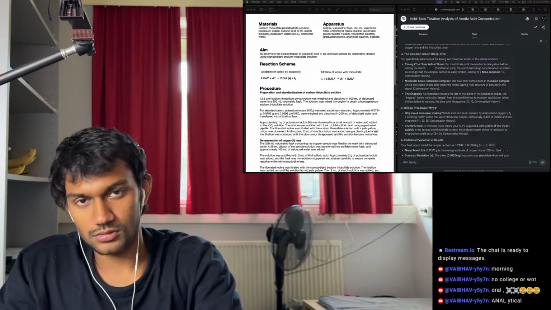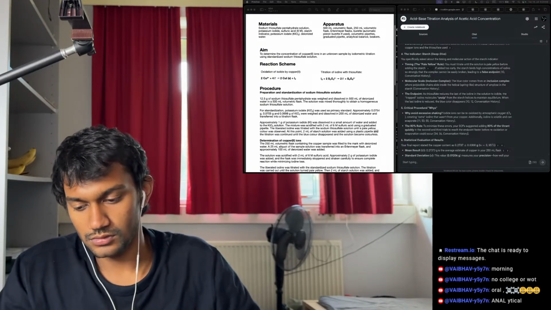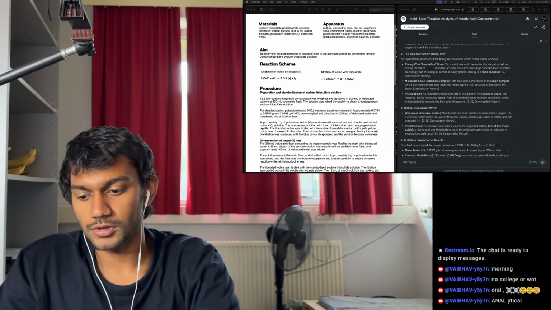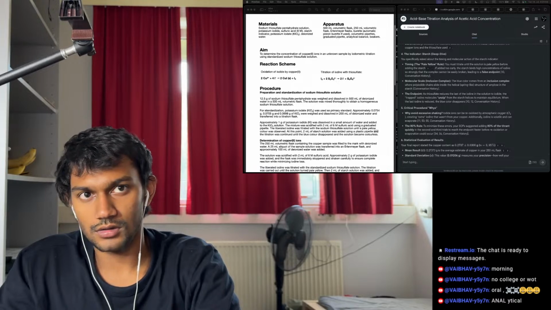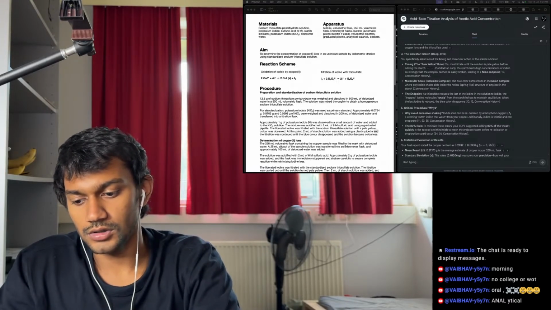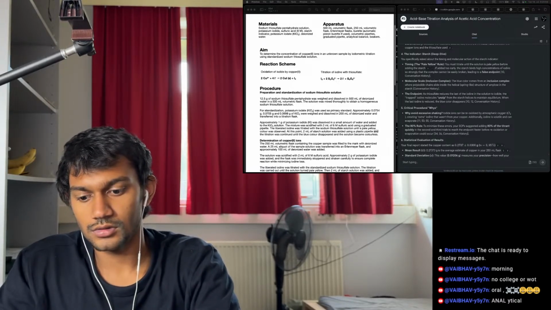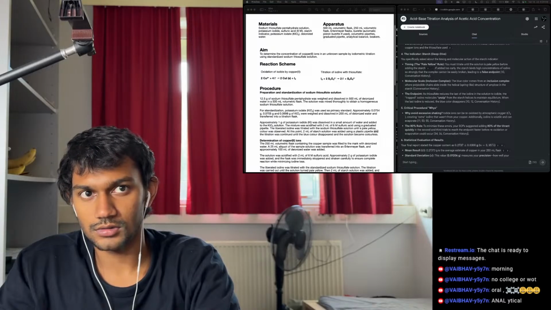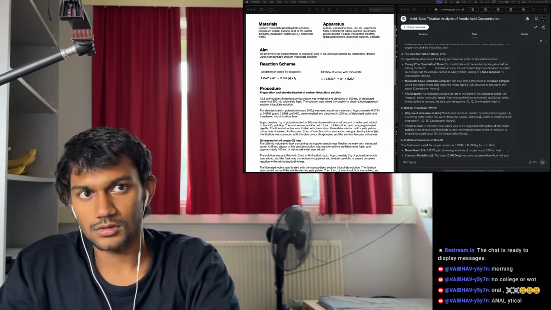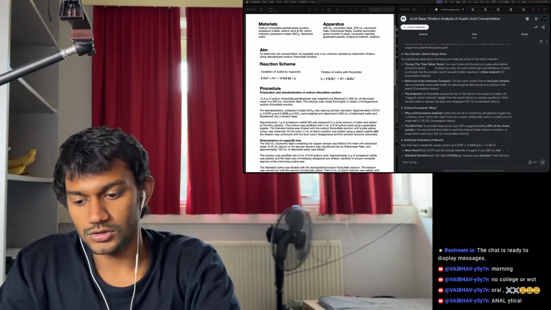Could you explain why exactly this complex is able to change color?